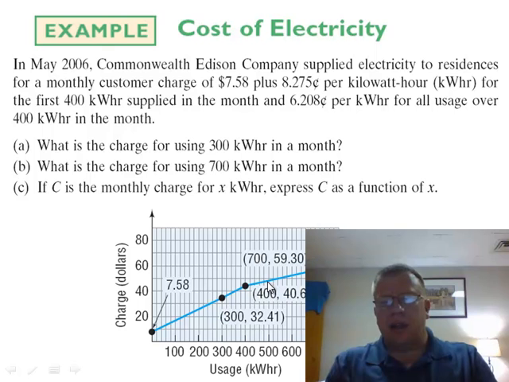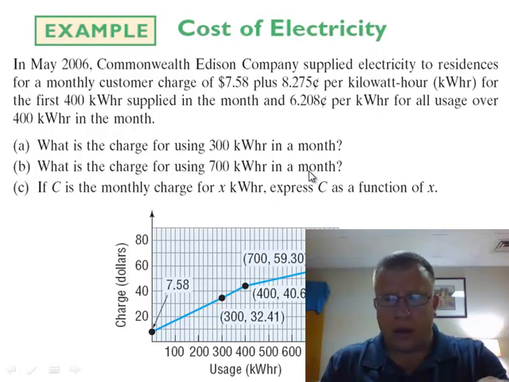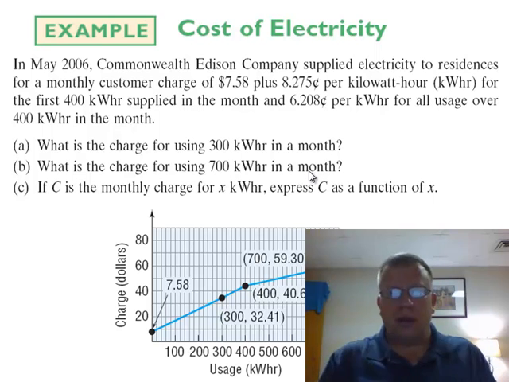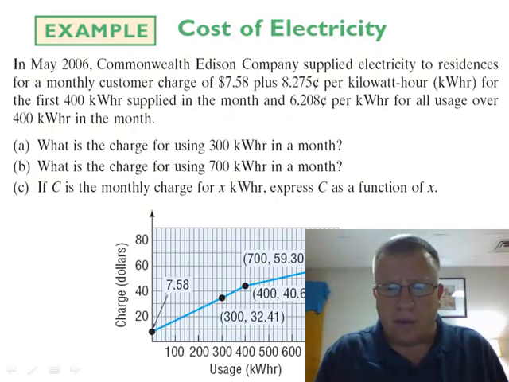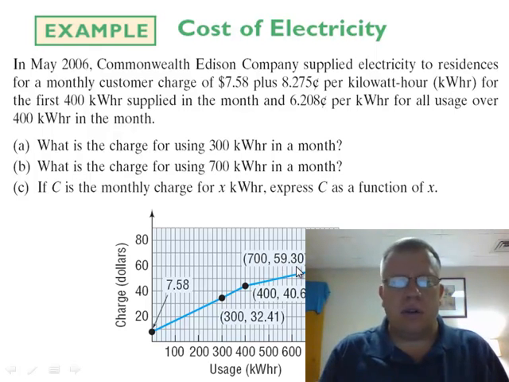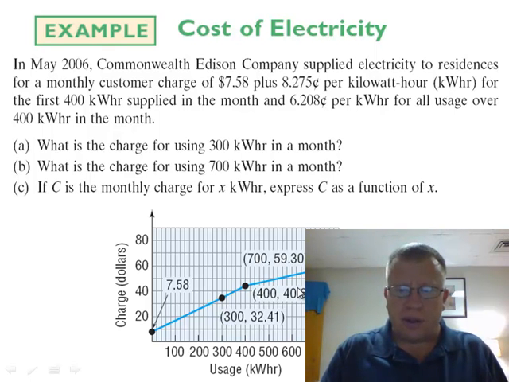And then you have to tack on, for the additional 300 kilowatt hours, 300 times 6.208 cents. Move the decimal point over, and then add that to the 40.68. And the final answer is $59.30. I challenge you to work it out on pencil and paper to verify these numbers.